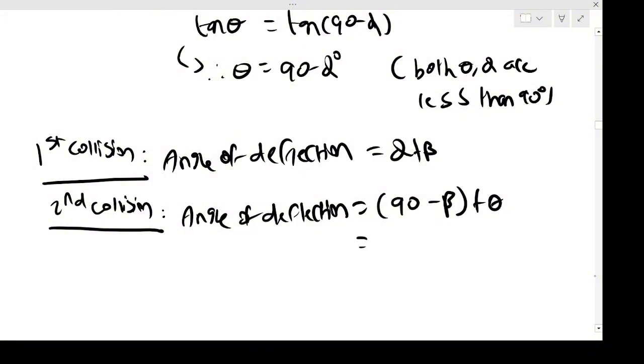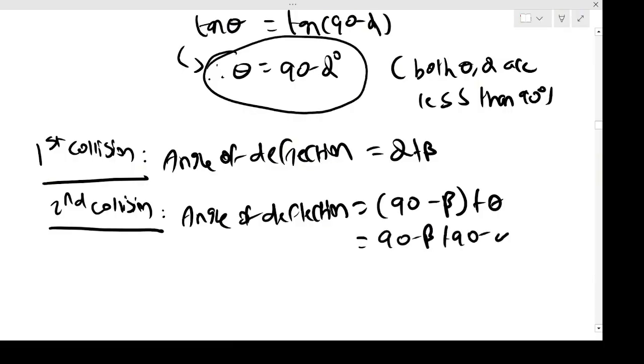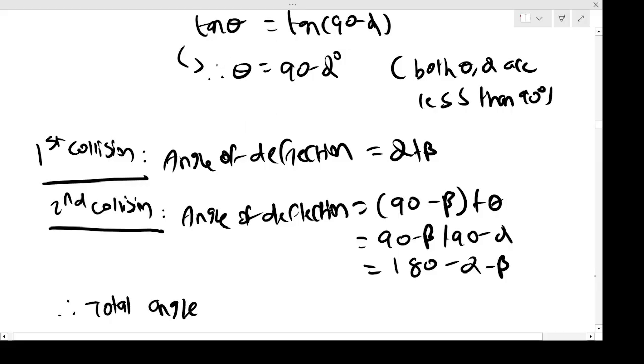Now we can simplify this because we know what beta is. It's 90 take away alpha. So it's 90 take away beta, add 90 take away alpha. And so that would be 180 take away alpha, take away beta. So what we can then do is consider the total angle deflection. And remember, that's one of the common techniques. If you want to work out the direction of motion or the path of something, consider the total angle deflection.